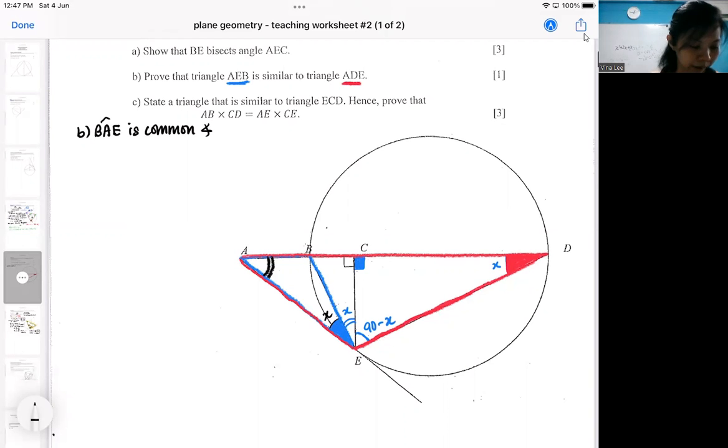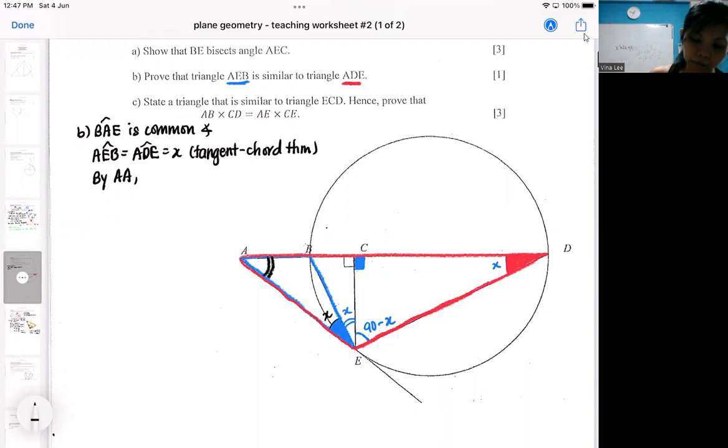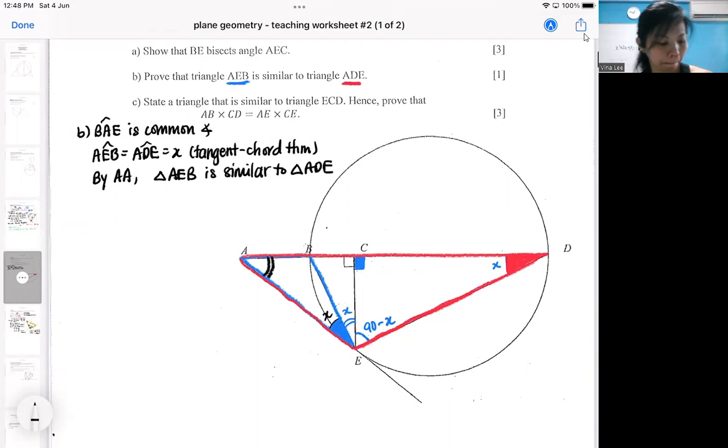And we also got a pair of X. So these two angles are sufficient to apply AA. Okay, so actually that's the end of part B already.